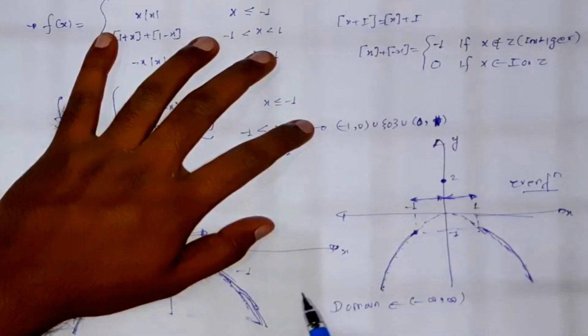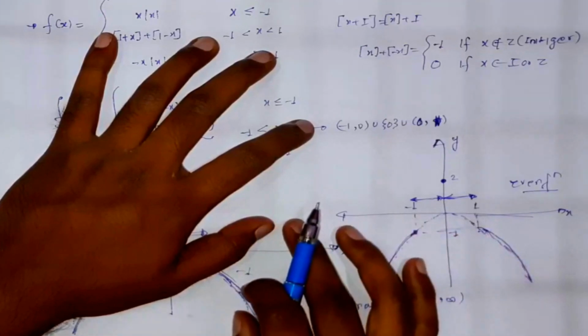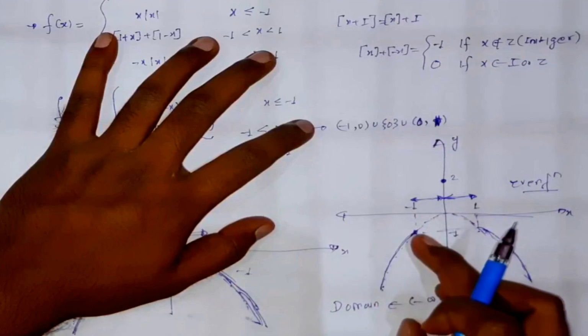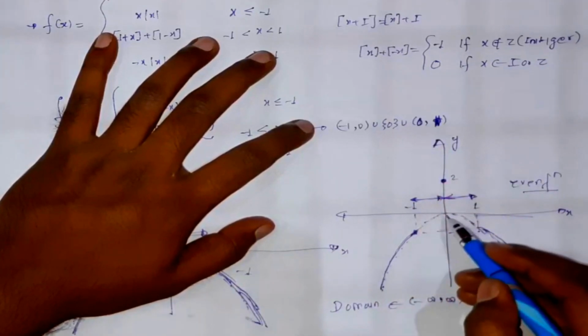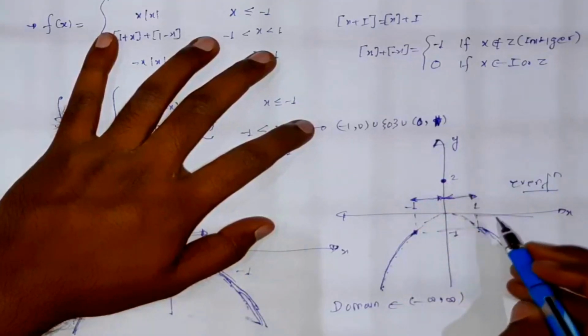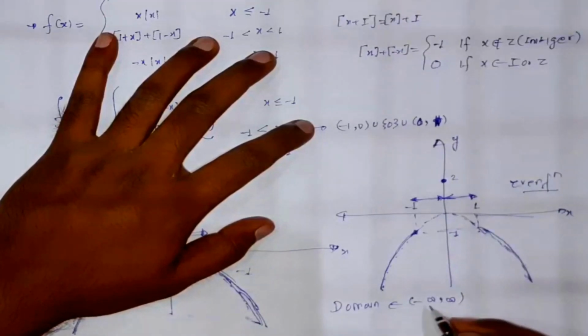From this infinity, this will go to minus infinity, okay, as far as the x minus axis is concerned. So minus infinity to minus 1, and then minus 1 to 0. 0 is also included. At 0, the value of this function will be 2. And then 0 to 1, again 1 to infinity. So each and every value of x is included.